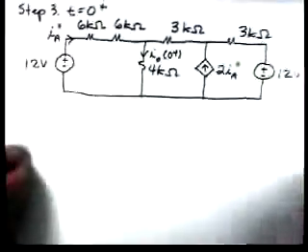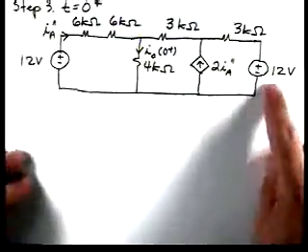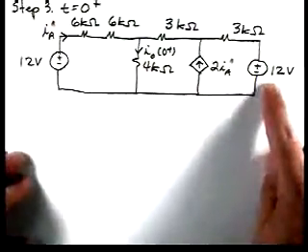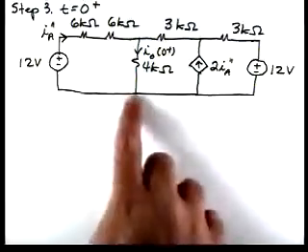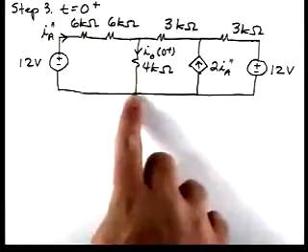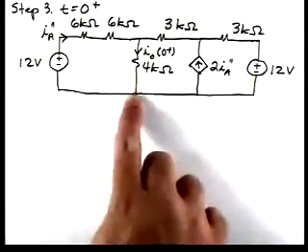Now our next step is to go to circuit at t equals 0 plus. Notice that we've replaced our capacitor with a voltage source of 12 volts. And now we need to find the current flowing through our 4K resistor.